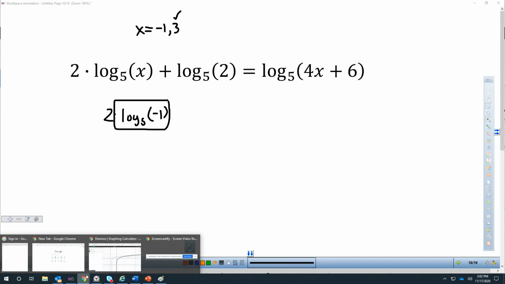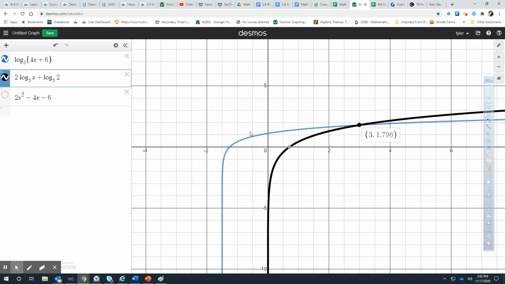Let's look at the graph of these so we can show you what's going on. Okay, so here I got my graph of log base 5 of 4x plus 6 in blue, and I got my graph of 2 times log base 5 of x plus log base 5 of 2 in black. So you can see when x equals 3, they're going to equal the same thing. They both equal 1.796.